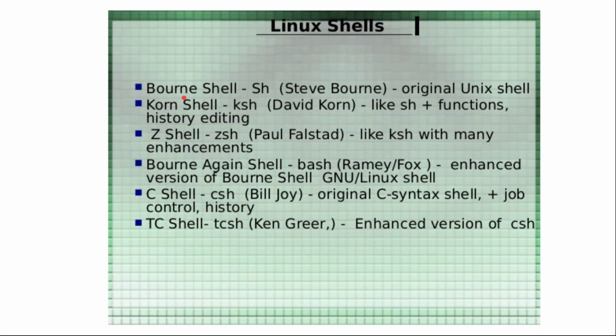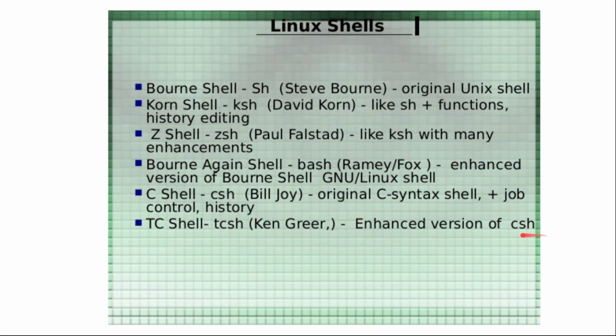The original shell is your Bourne shell. Similarly, the K shell has more functions added to it. Then your Z shell, then your bash shell, that is the Bourne Again shell, and C shell and TC shell. These are the various shells and their originators. C shell is written in C syntax.